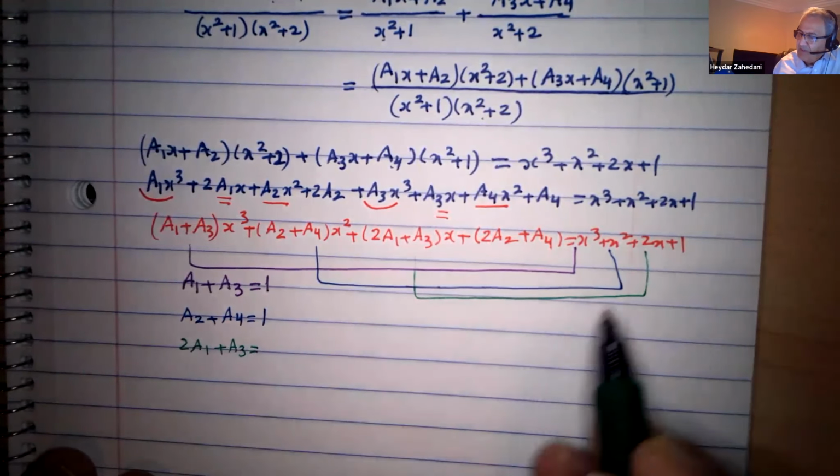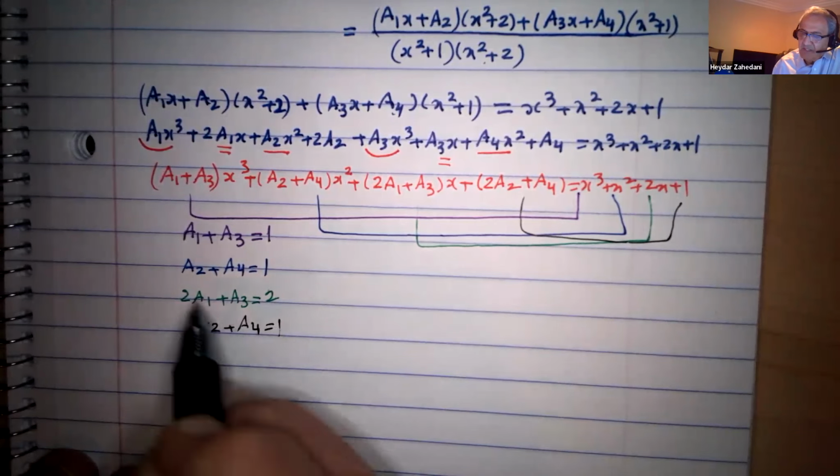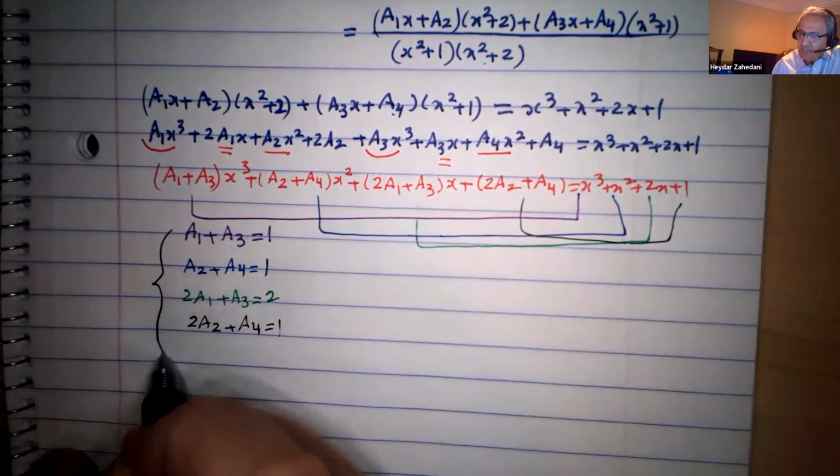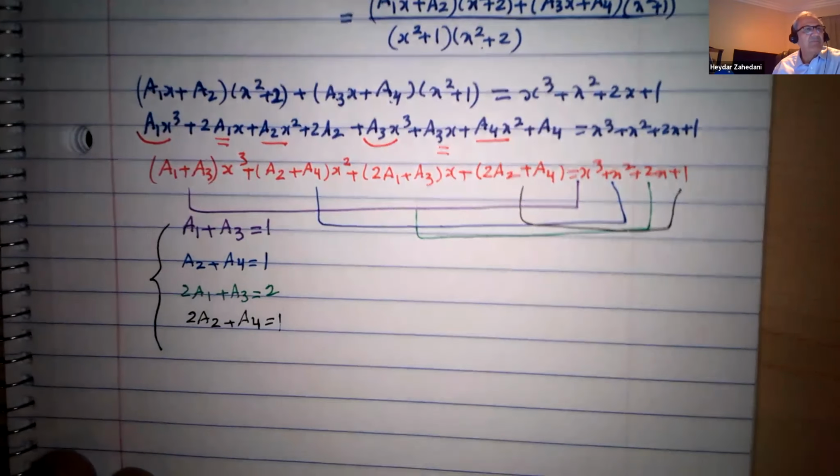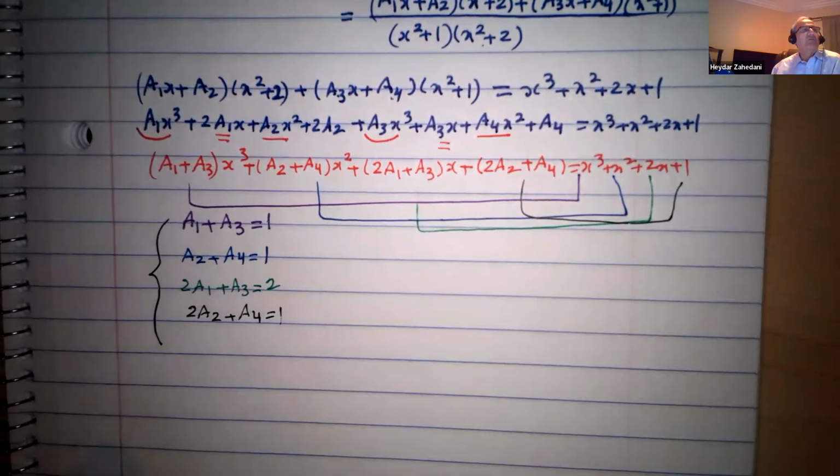The last one is going to be just the constant: the constant on the left is 2A2 plus A4, and the constant on the right is 1. That gives a system of 4 equations with 4 variables. You solve it, you get these 4, and go back.